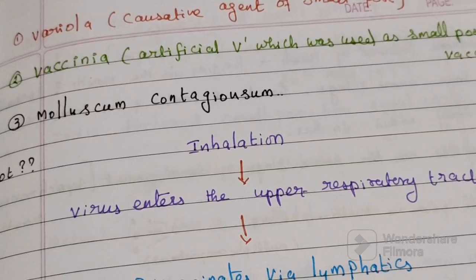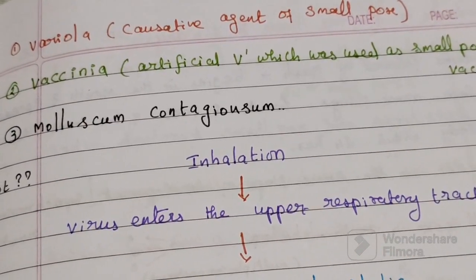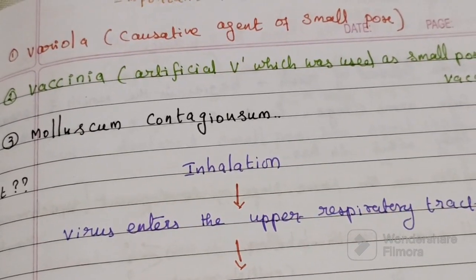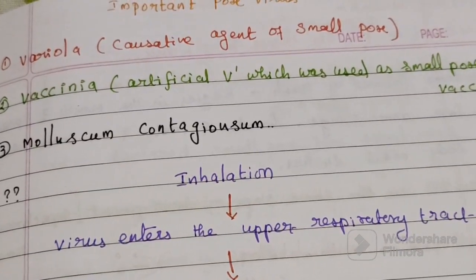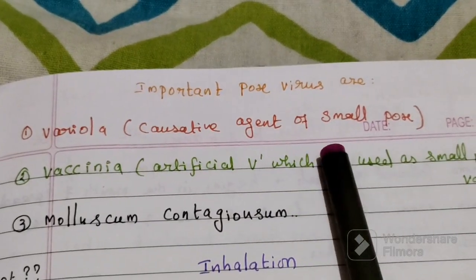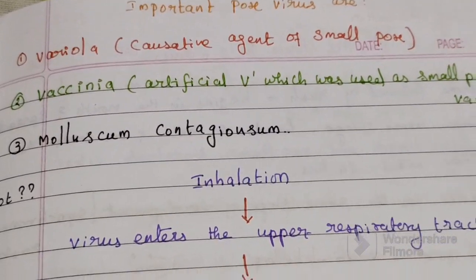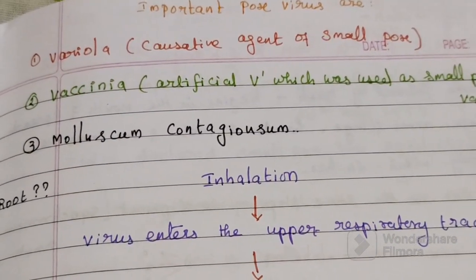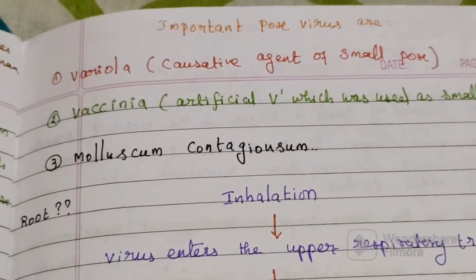The most important of this family is Variola, the causative agent of smallpox. Smallpox is the name of the disease; the virus causing smallpox is Variola. That is the first virus. The second virus, Vaccinia, is not a natural virus.